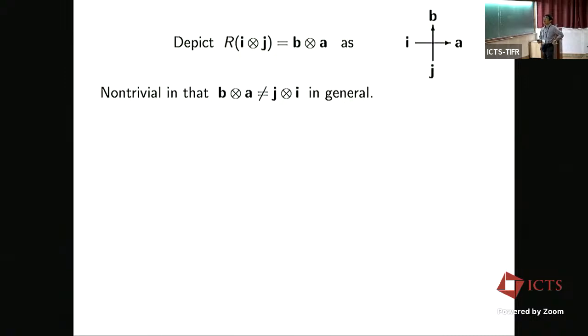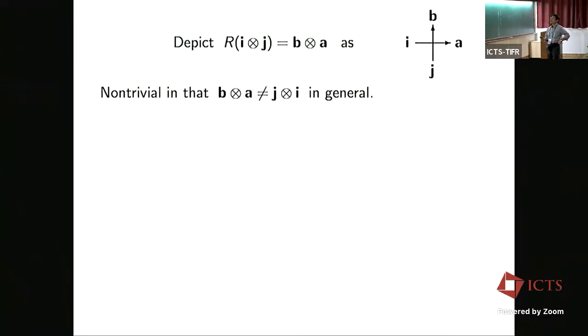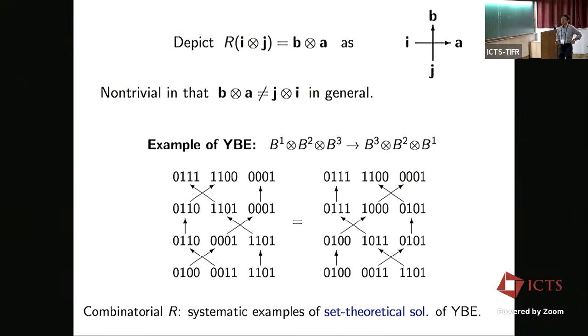So now let's depict this relation in terms of, again, this vertex diagram. But remember that these I, J, A, B are length L arrays of 0 and 1, because the labeling set of this space is length L arrays of 0 or 1. In that sense, I'm using bold letters here and a rather thick vertex here. Now here is an example of the Yang-Baxter equation.